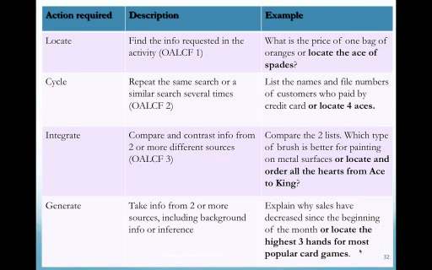So an example of that is locate the highest 3 hands for the most popular card games. And so you'd have to find the cards, you'd have to use background knowledge in order to even take a guess at the 3 most popular hands. And then you would need to use the cards at hand and try to make the highest ones without using the same cards again and again.